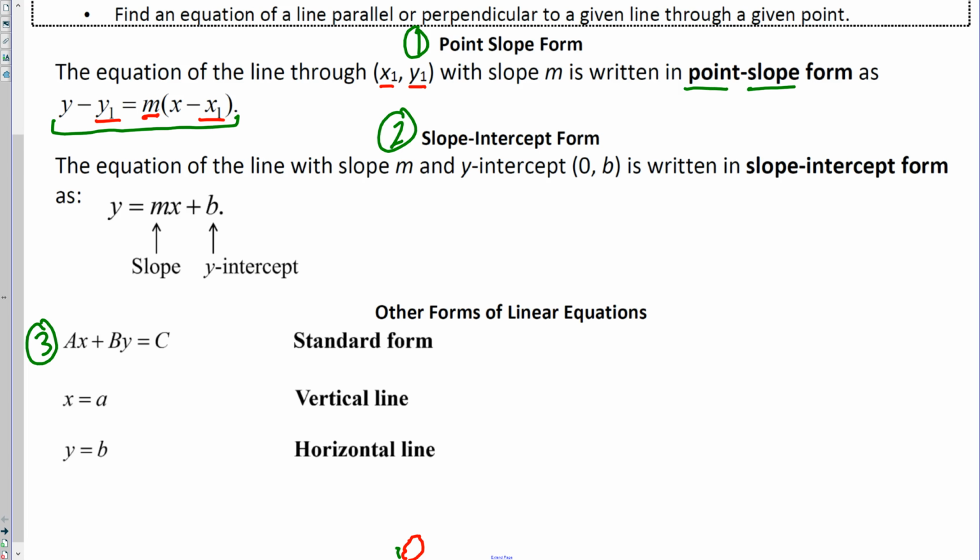And part of the reason why we use that subscript in our equation format is we still want to represent that it's the x value and y value of my point, but it's not playing the same role that the variable x and y is in the equation. So that's why we see that little subscript notation to notice that it is relating back to the x value and y value for the point, but it's not going to be playing the role of x and y as a variable in our equation.